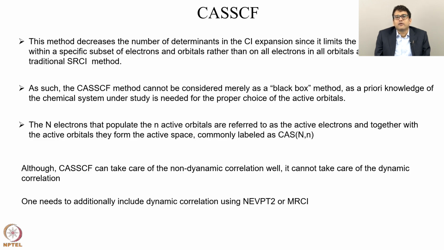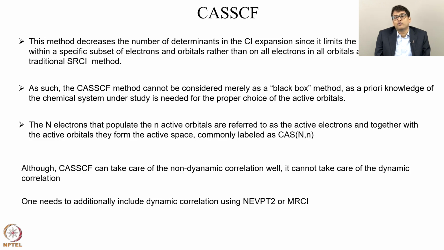Of course, for the full CI there is no problem of dynamic and non-dynamic correlation, but for all other cases one needs to be very careful to take a sufficiently large CAS and also try to do some correction for the dynamic correlation by doing a perturbation or configuration interaction on top of it.